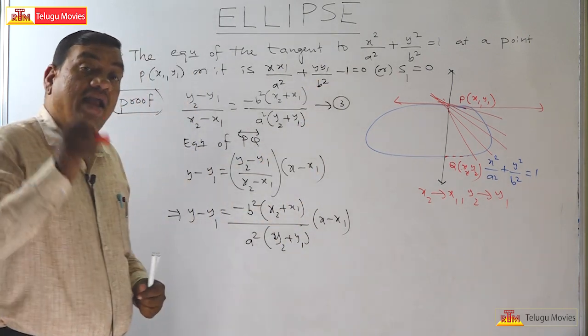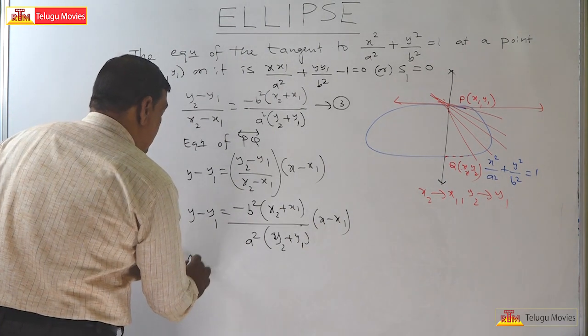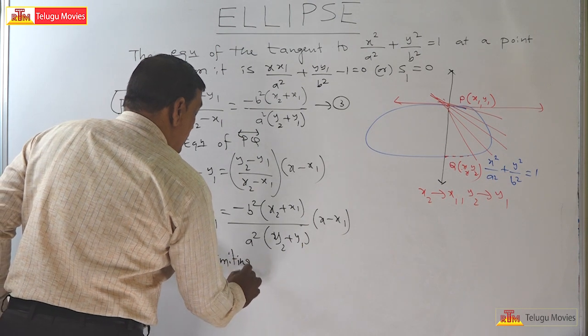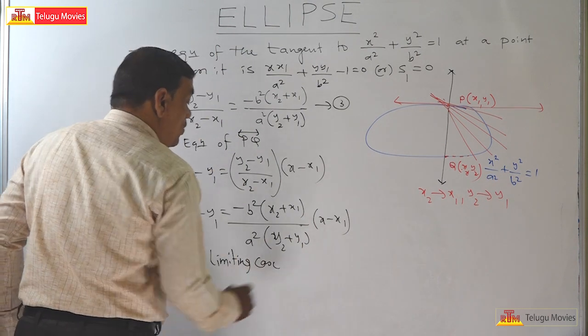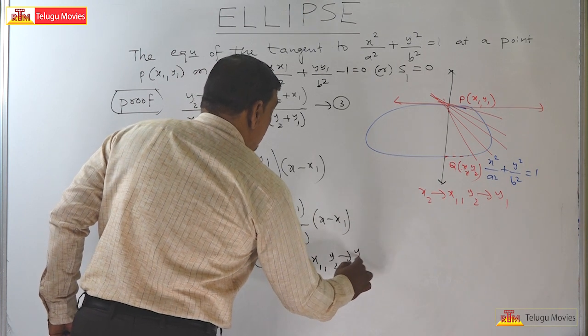That means at a limiting case, we have x2 tends to x1, y2 approaches y1.